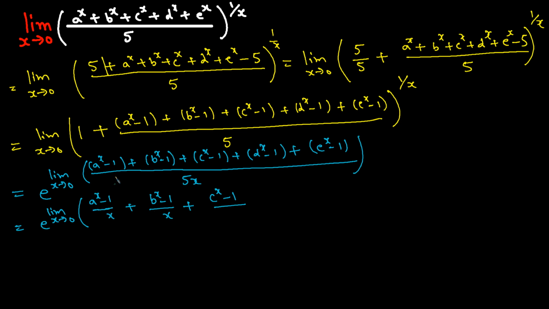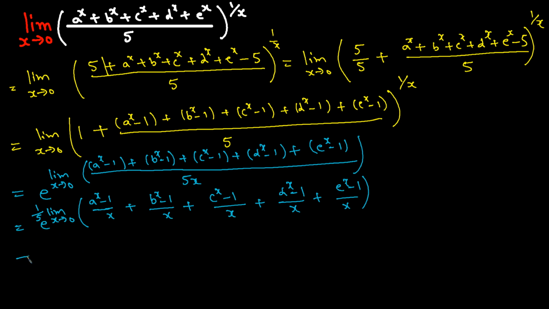I'm gonna take this 1 over 5 out. So 1 over 5, that way we don't have to write it at every place. So d raised to power x minus 1 over x plus e raised to power x minus 1 over x. Okay, and remember, this is not exponent, this is just a letter, e raised to power x. It's not exponent here.